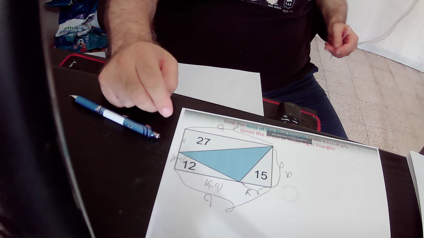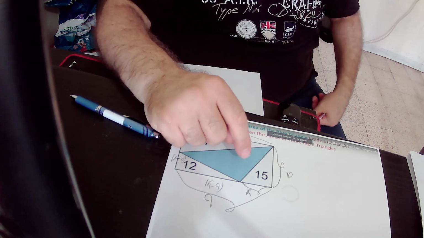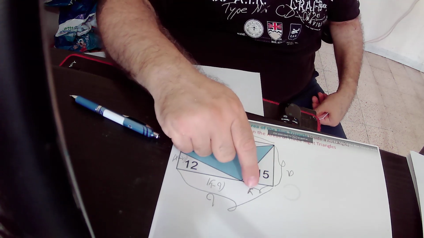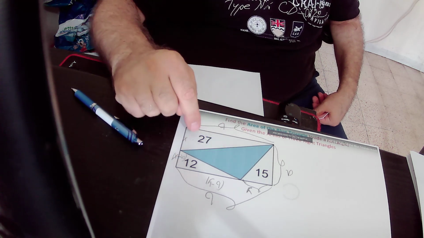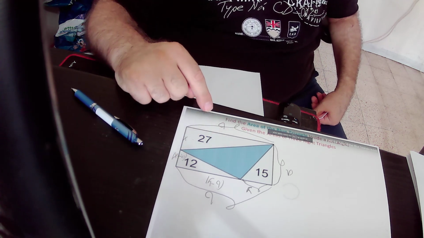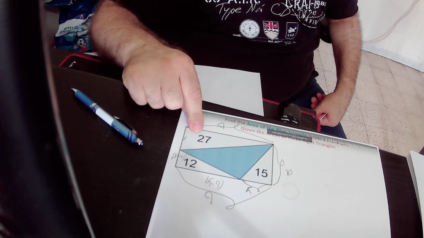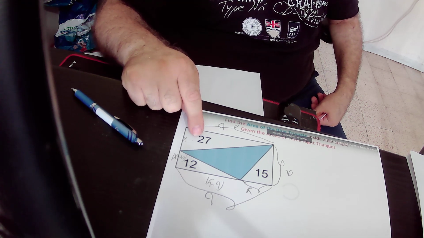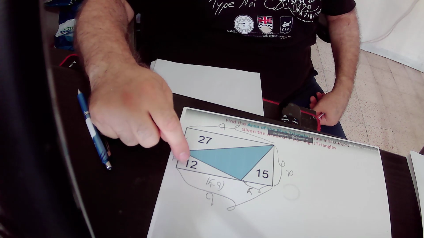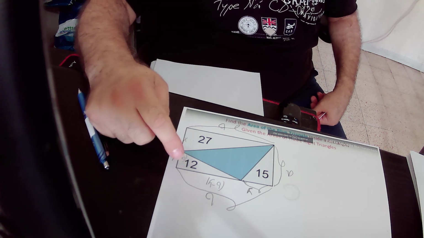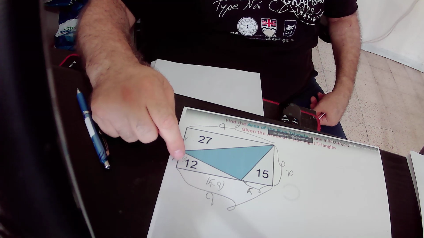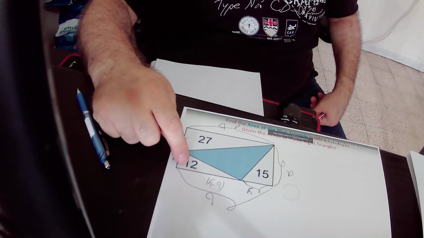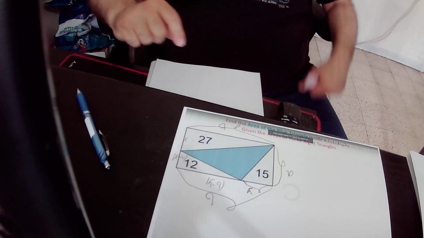We found out that the area of this triangle is a times y divided by 2 equals 15. The area of this triangle is b times x divided by 2 equals 27, and the area of this right triangle equals (b minus y) times (a minus x) divided by 2 equals 12 units.